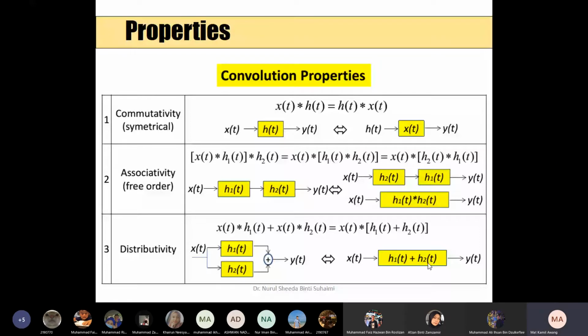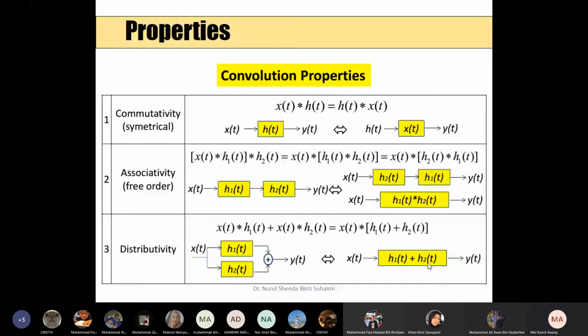as shown below, x of t can simultaneously convolve in parallel with h1 of t and h2 of t. Then you go into a summer to have a result of y of t.